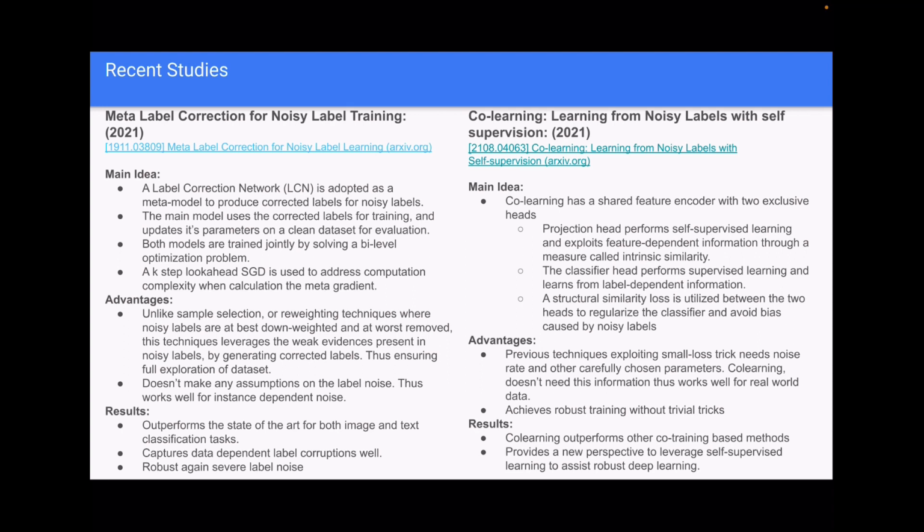The advantage here is that previous techniques exploited a trick called the small loss trick. Basically, if the loss is small, the label was considered to be correct. If the loss was large, it was considered to be a weak or noisy label. But in order to do that, we need the noise rate and other carefully chosen parameters which are not readily available in real-world datasets.